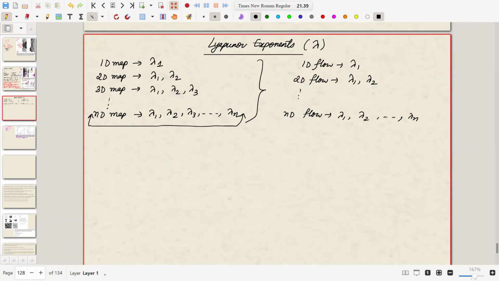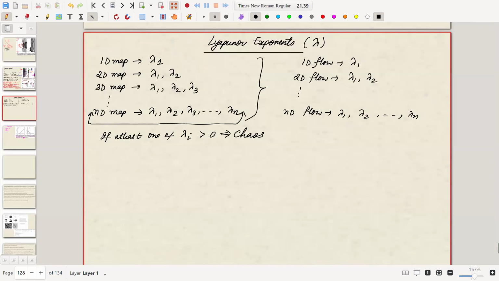If in your set of lambda i's, the set of Lyapunov exponents, at least one lambda i is greater than 0, that implies chaos. Got the idea? Suppose your Lyapunov exponents are 3.2 and minus 2.8. Is this chaos?